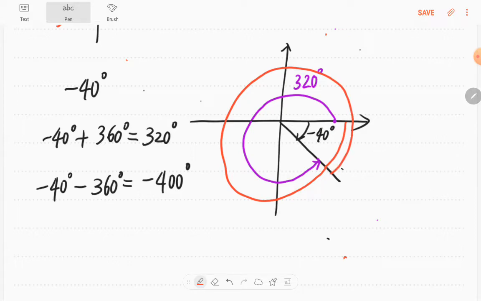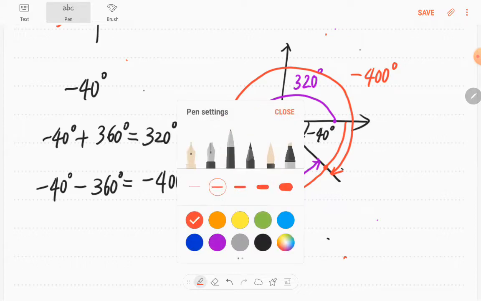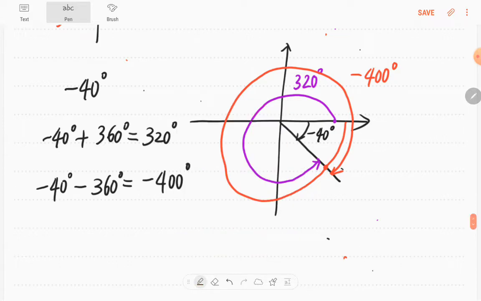Right? From here to here, this is 1 revolution. So this angle is negative 400 degrees. Okay, so this is the degree measurement.